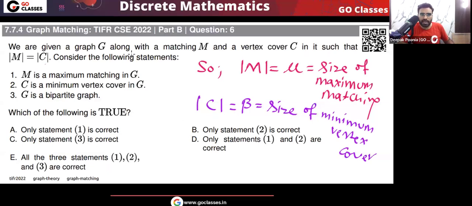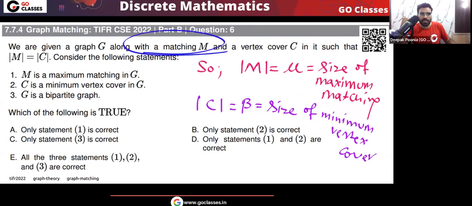Notice M is some matching. I don't know whether it is maximum or not. That information I don't have. But the point is, if M is some matching and the size of M is equal to the size of maximum matching, then definitely M is maximum matching. Yes or no?